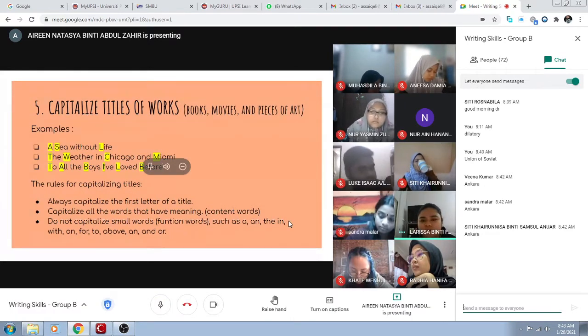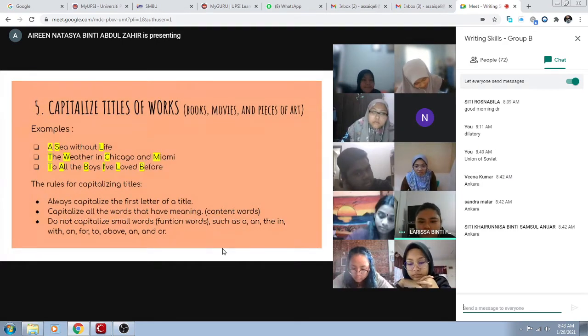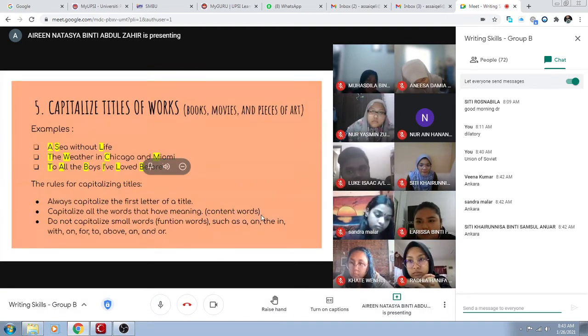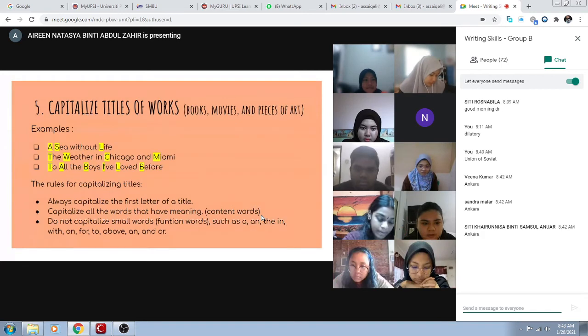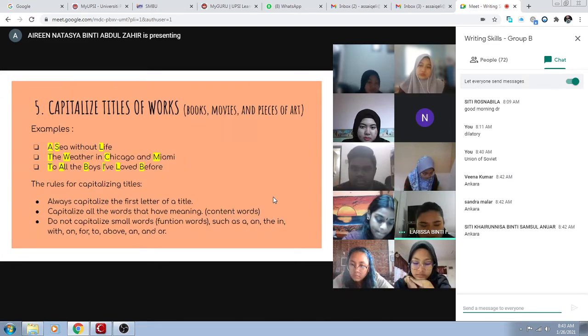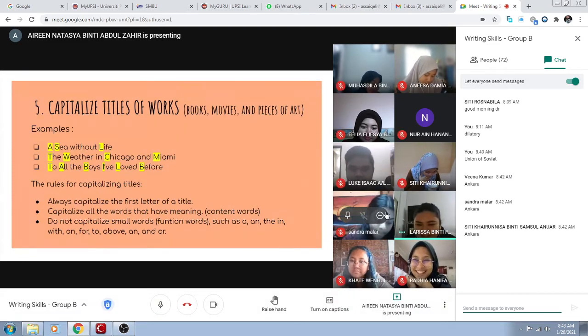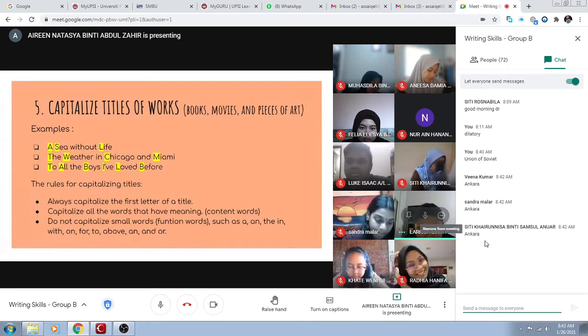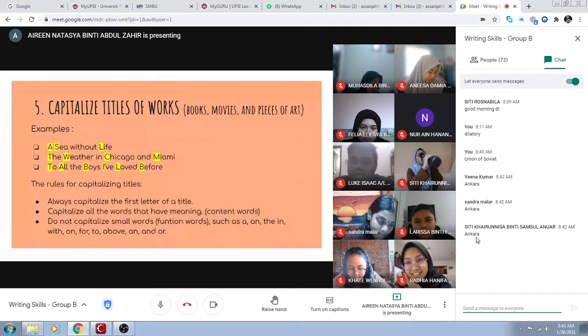Toyota with a capital T. Larissa, number 4. One of the most popular brands of automobiles is? Toyota. Okay, any one that you like. Maybe you can write Proton Wira, I would say. So the kind of brand you like, you can write.